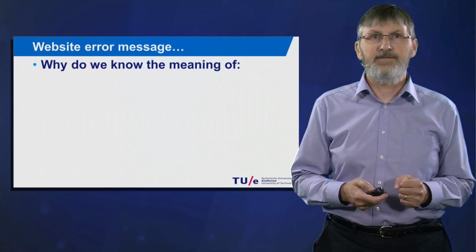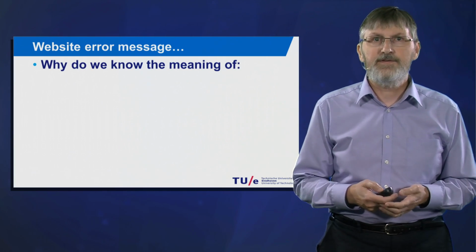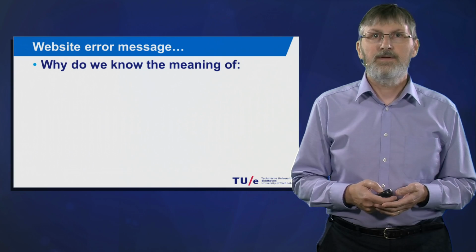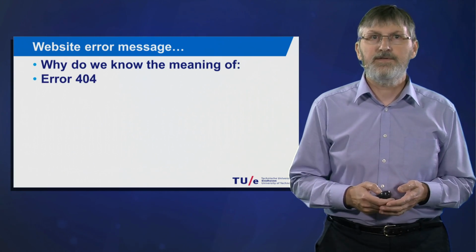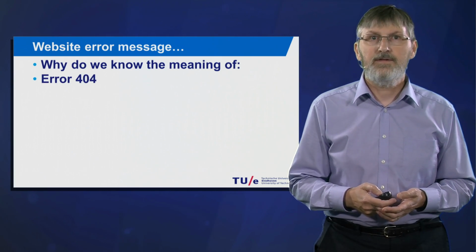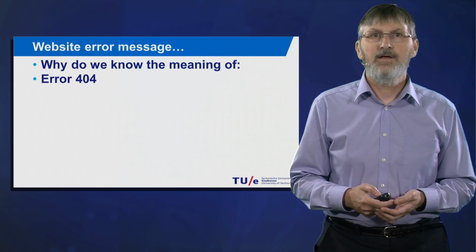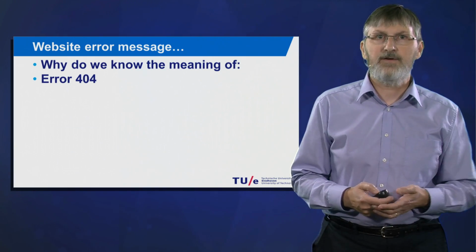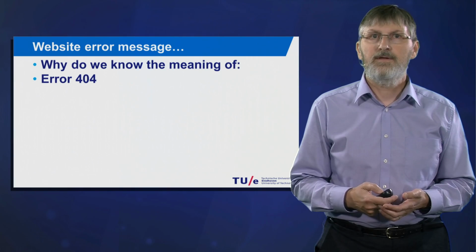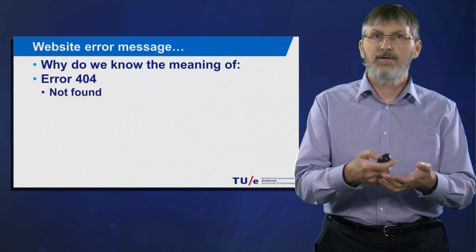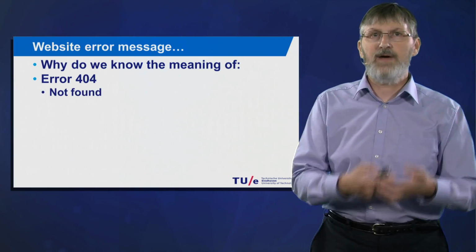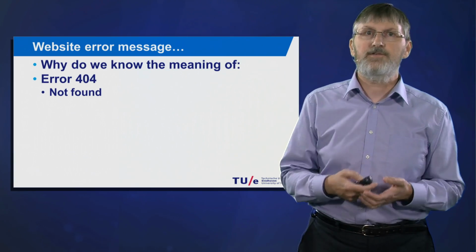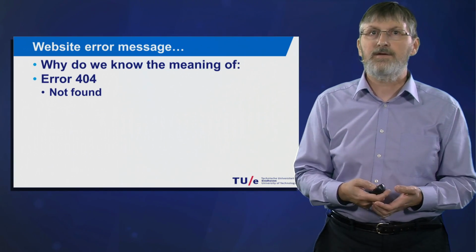Another problem is that we often see codes. And because of these codes, we get to know what they mean. You probably know what error 404 means. It means that on a website, you try to access a page and that page does not exist. It's not found there.